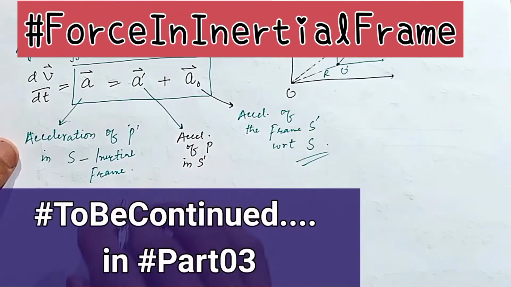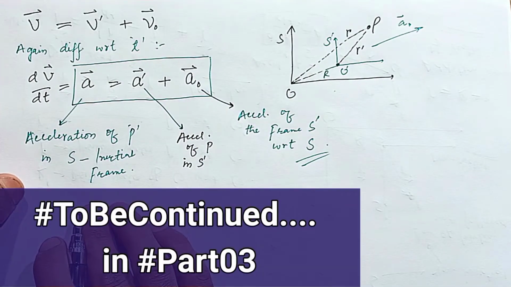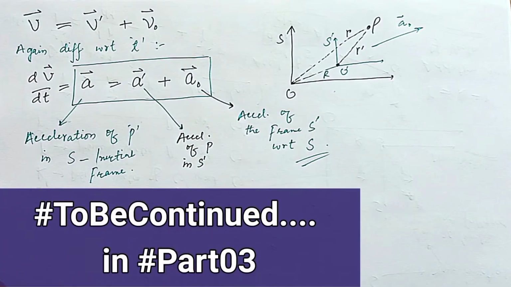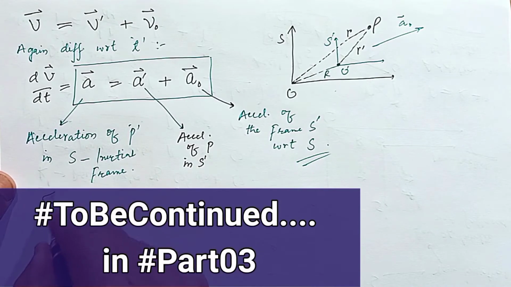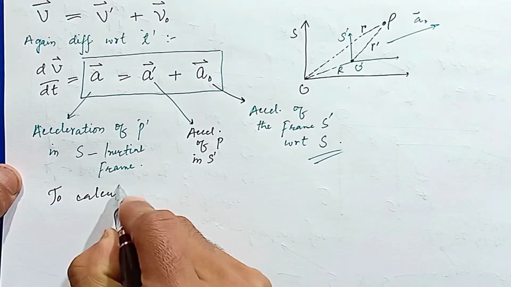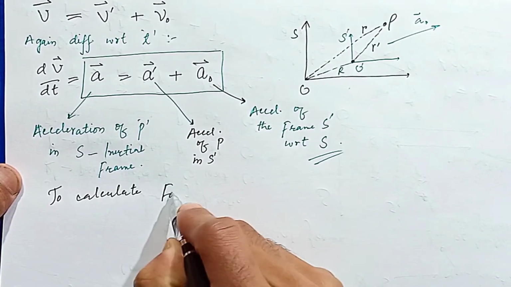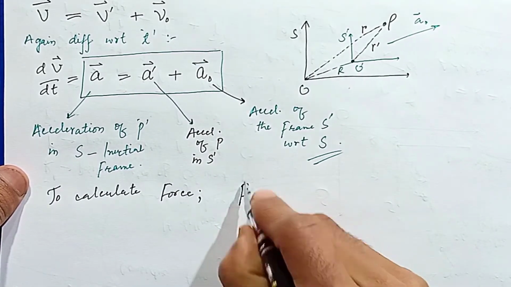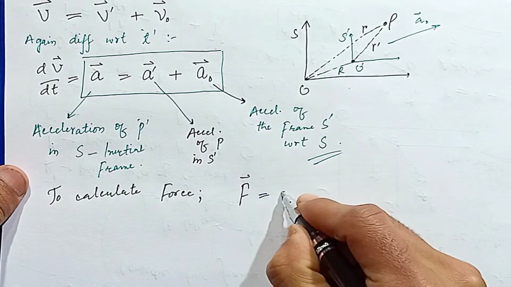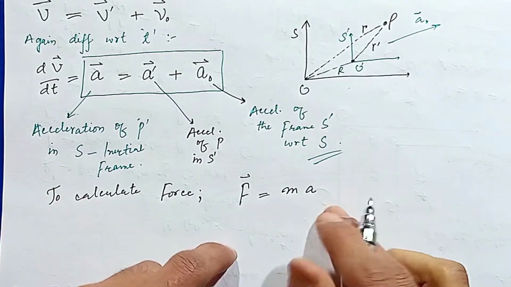Now we have to calculate the force acting on that point particle. To calculate the force, we have to apply the second law of motion. The second law of motion says that force is equal to mass times acceleration.